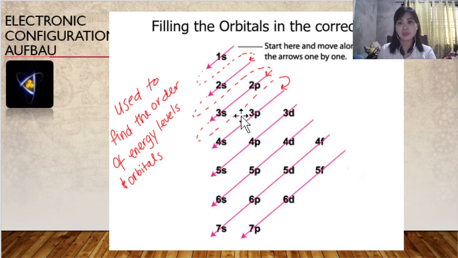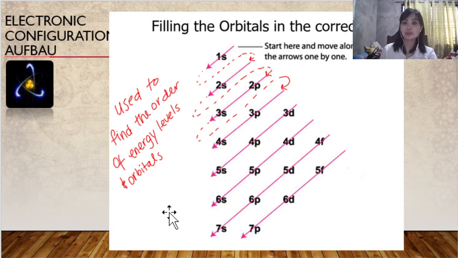No. You have to go with 3p, 4s, and so on. It is used to find the order of energy levels and orbitals. Again, the correct order: 1s, then 2s, then 2p, and then 3s. This is the common mistake of our students. So you have to follow this.